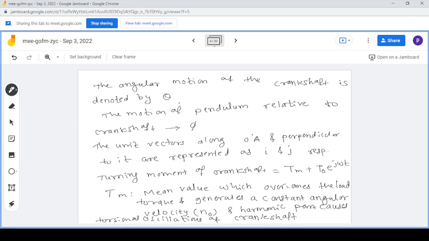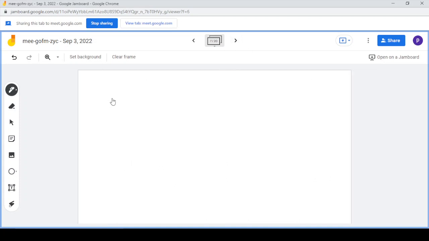So now let us write down the relative acceleration value in this case.